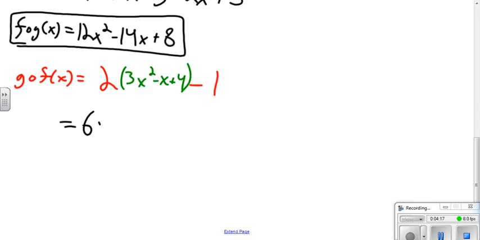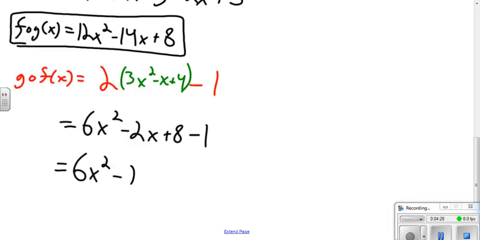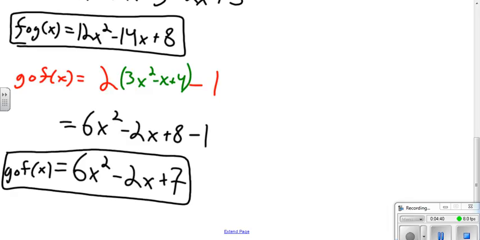So I would say 6x squared minus 2x plus 8 minus 1. And now just combine those last two pieces. 6x squared minus 2x plus 7 is my g of f of x. So I know my f of g of x, and I know my g of f of x. That's part A.